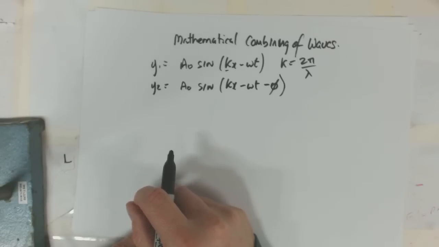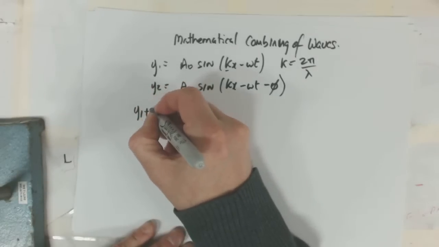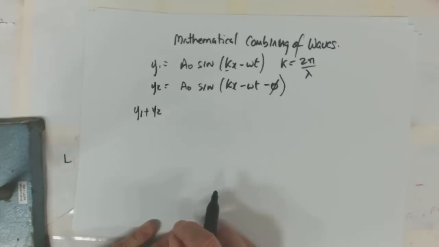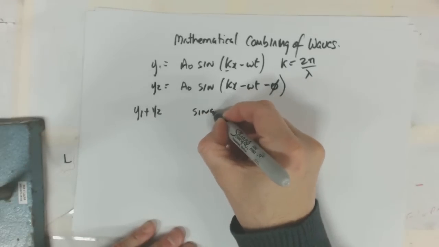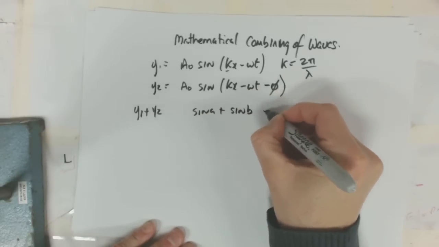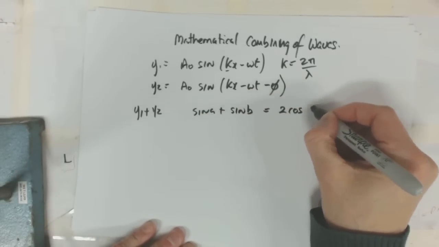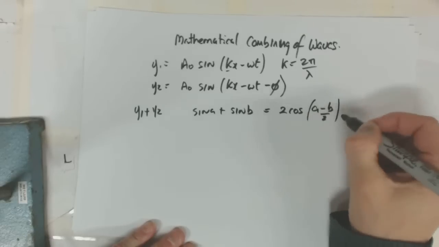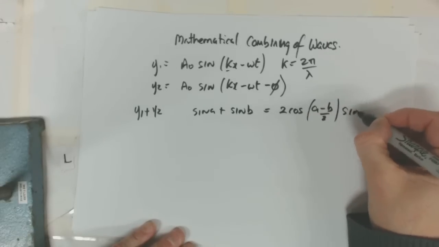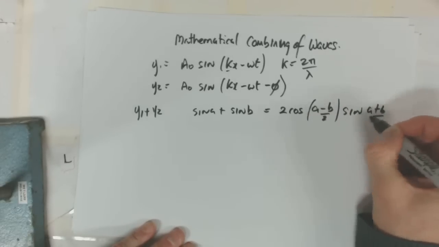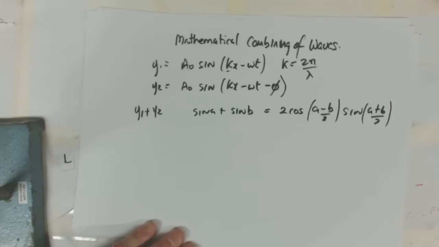Now what we can do then is combine them, y1 plus y2, right? And we could make a substitution there, because we know that the sine of A plus the sine of B is equal to 2 times the cos of (A minus B) over 2 times the sine of (A plus B) over 2. That's our trigonometric identities, remember?